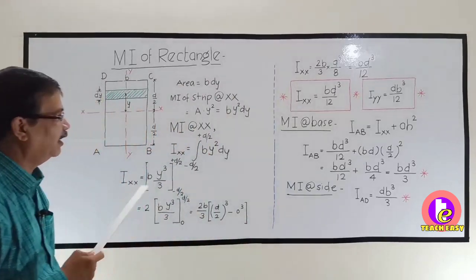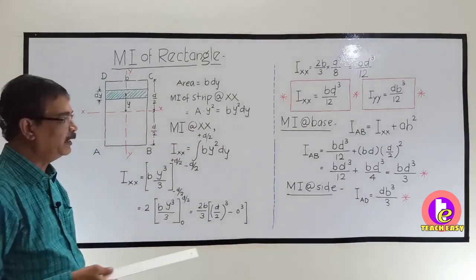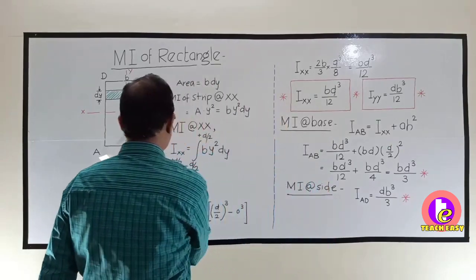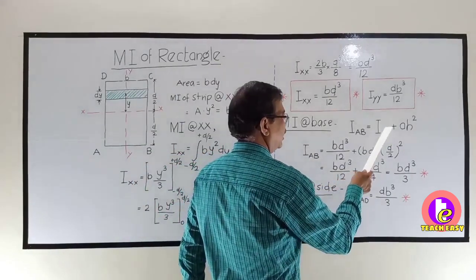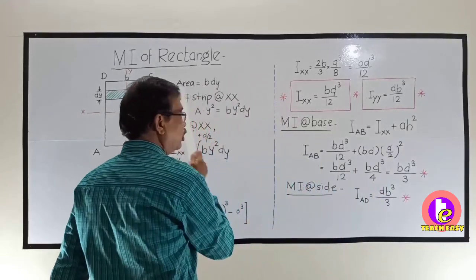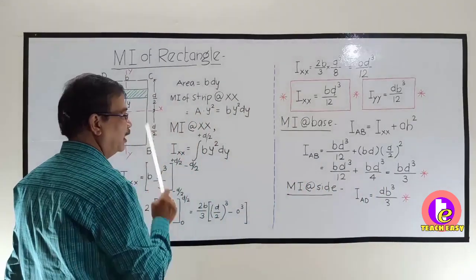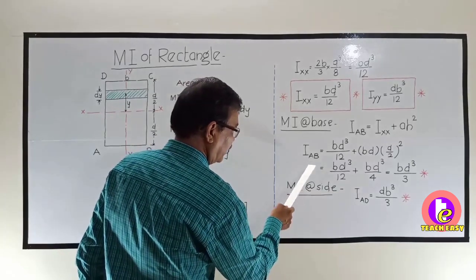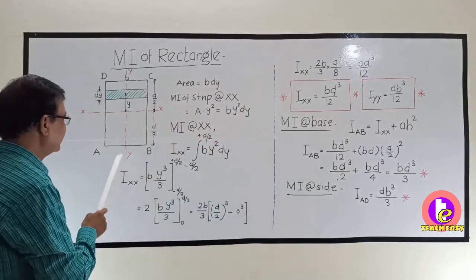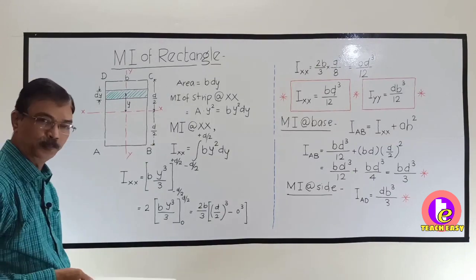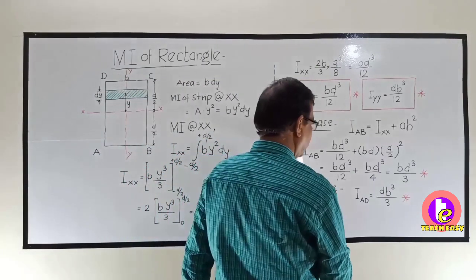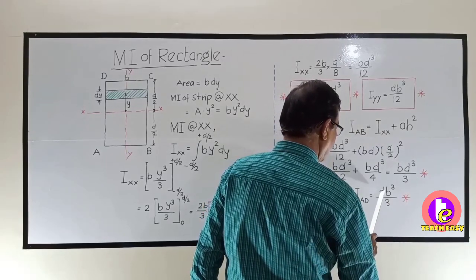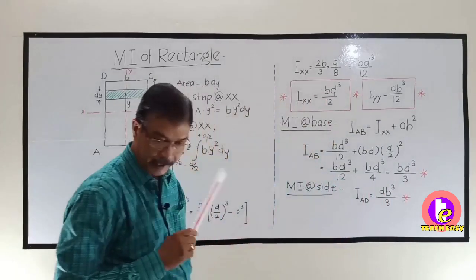Then we have used parallel axis theorem, and by using it we have calculated the moment of inertia about the base. This is AB. So IAB will be Ixx plus AH square. Area is B into D. In this case H is D by 2. For I about side AD, this will be B by 2. So this will come out to be BD cube by 3. Hence IAD will be DB cube by 3.